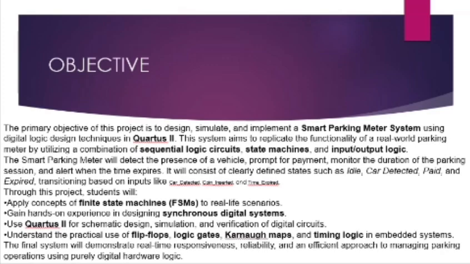The smart parking meter will detect the presence of a vehicle, prompt for payment, monitor the duration of the parking session, and alert when the time expires. It will consist of clearly defined states such as idle, car detected, paid, and expired, transitioning based on inputs like car detected, coin inserted, and time expired.